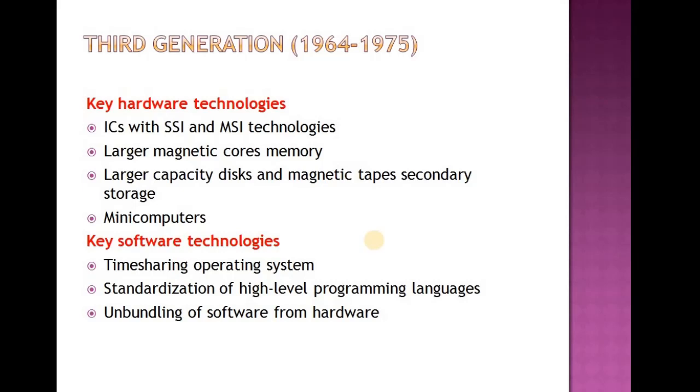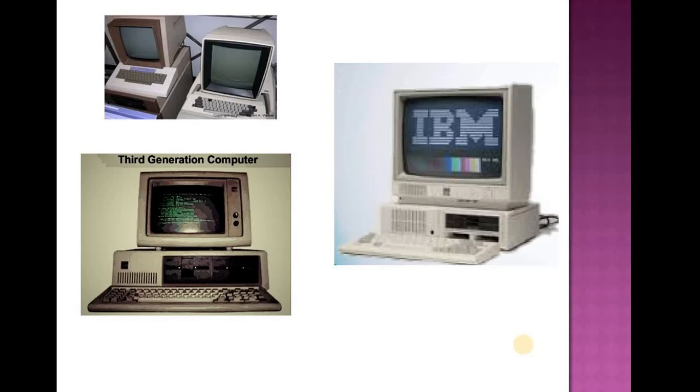Now let us understand the characteristics of the third generation in more detail. As you can see in these images, the size was reduced. Just by looking at these images, you can easily remember the points and understand the characteristics, and you can write them on your own.